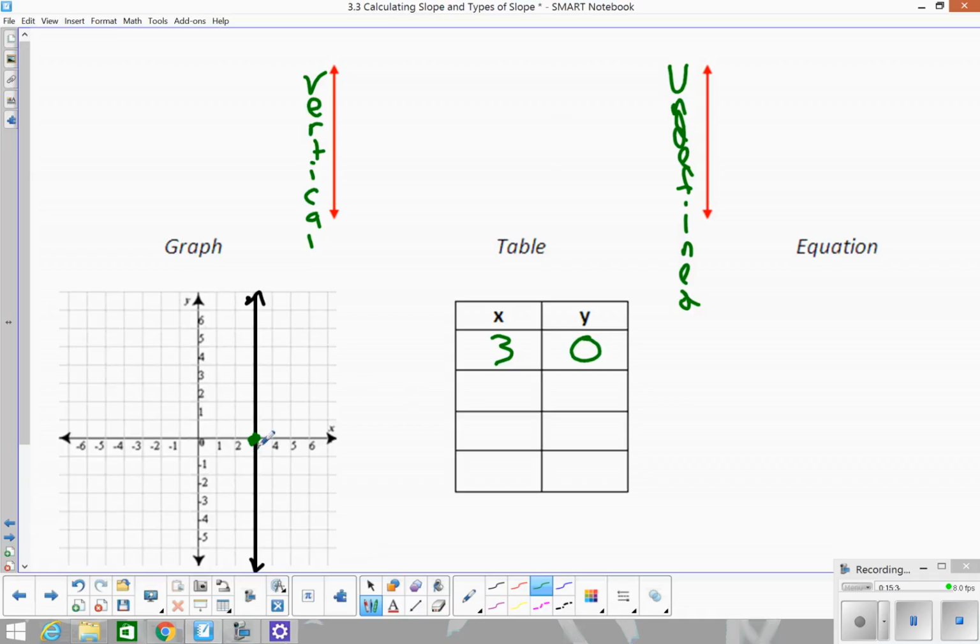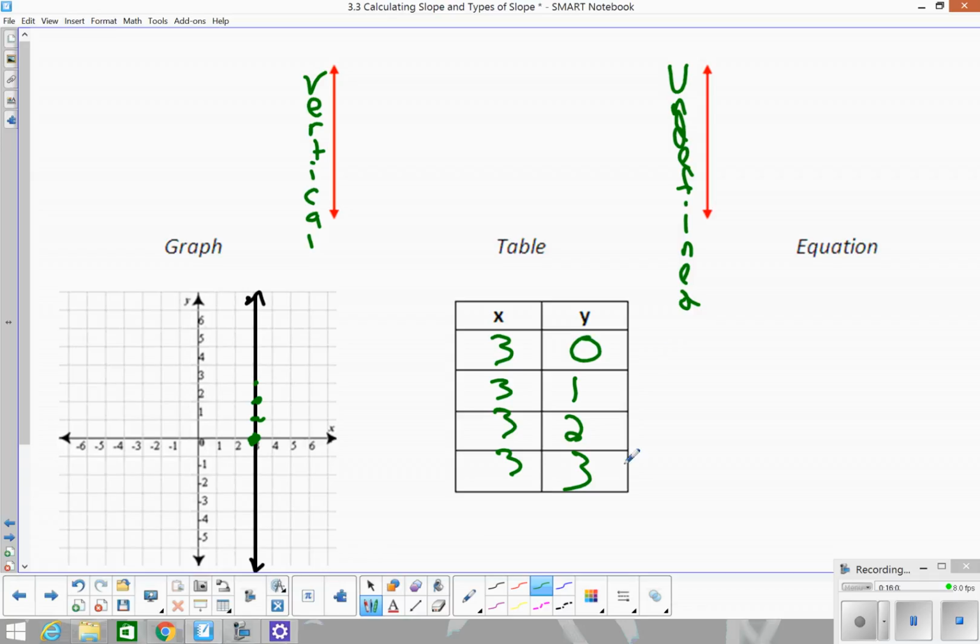So when my x is 3, wait, my y could also be 1. When my x is 3, my y could also be 2. When my x is 3, my y could also be 3. Now if you remember determining if something is a function or not, if you have the same input that displays different output, it is not a function.